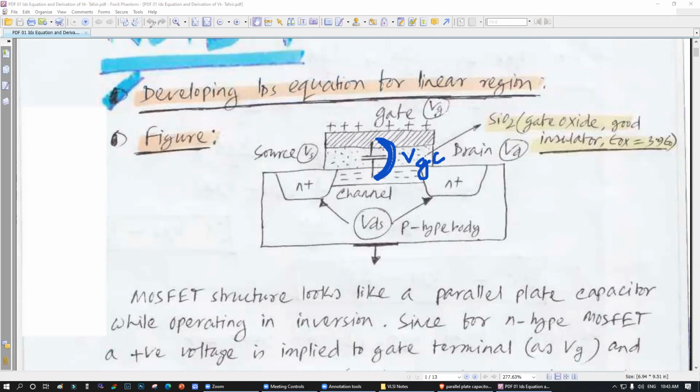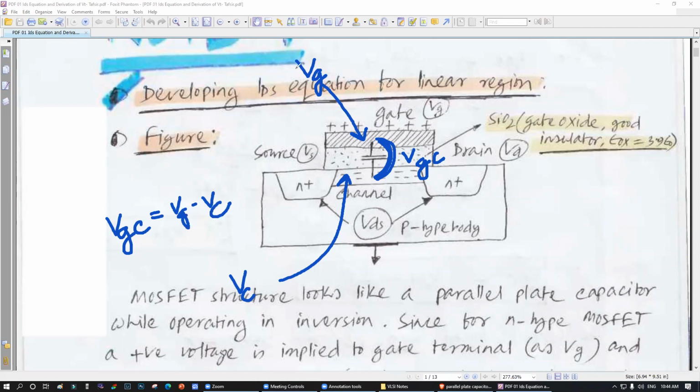If you take a multimeter and measure this voltage with respect to ground, you will get VG. And if you take a multimeter and go inside the capacitor, the MOSFET, and measure the channel voltage, you will get VC, the voltage of the channel. Now, if you subtract them, you will get VGC. That means VG minus VC, right?